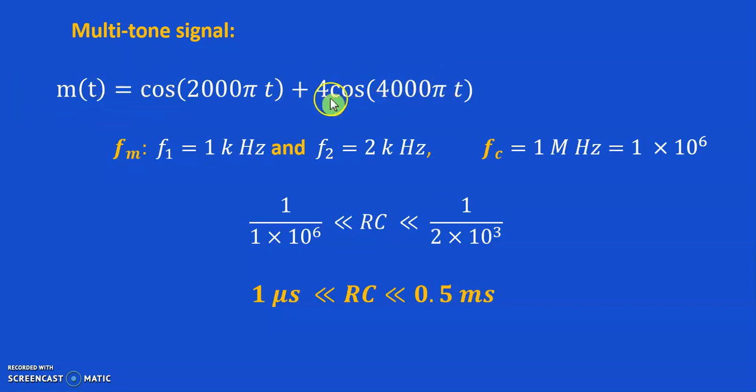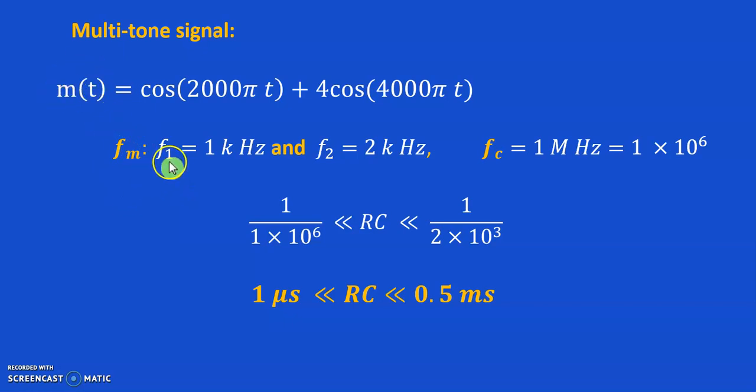When the signal has more than one frequency, we call it a multi-tone signal or wave. So we have two frequencies in this message signal.